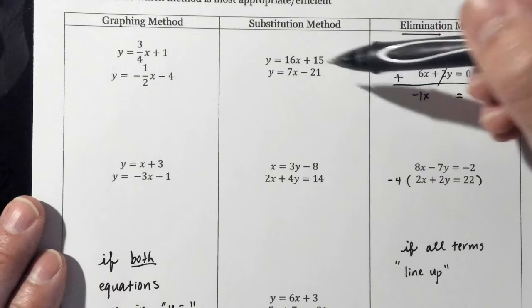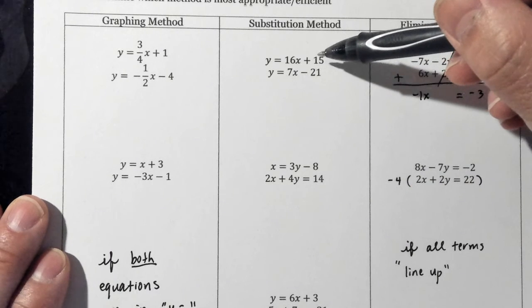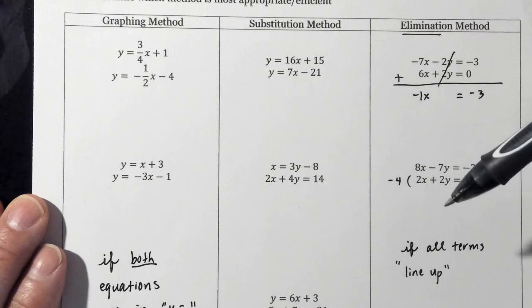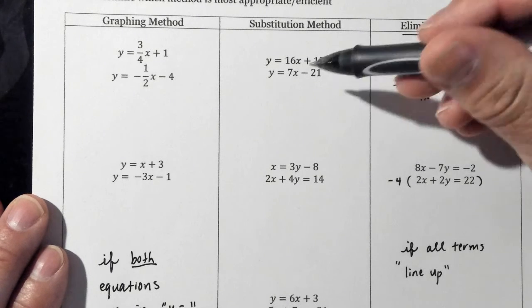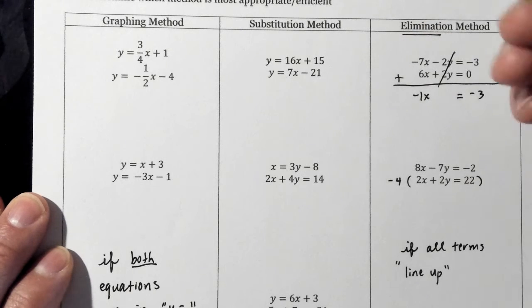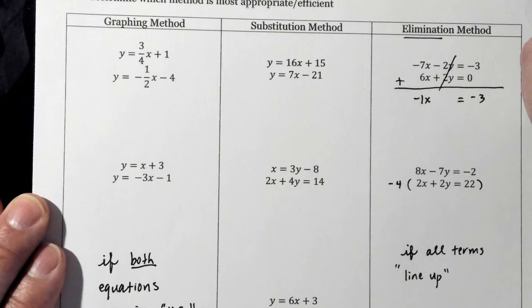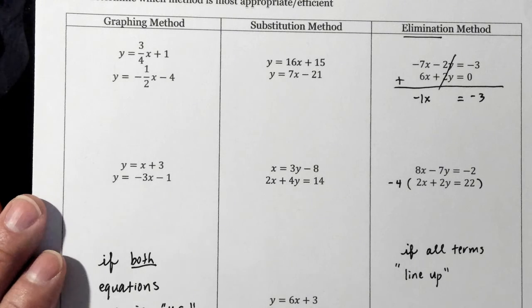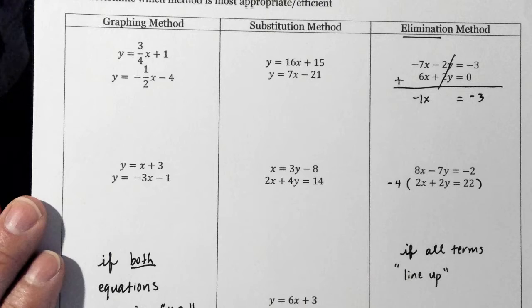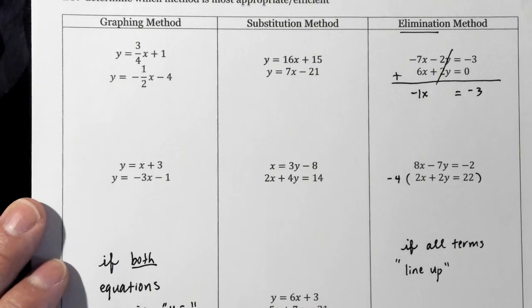So you could graph it, but the y-intercept is positive 15, the y-intercept here is negative 21, so it would be very difficult to graph because the numbers are so large, and this happens often in story problems. In story problems you have very large numbers or decimals sometimes. So definitely substitution method, even though both equations are y equals, y equals.